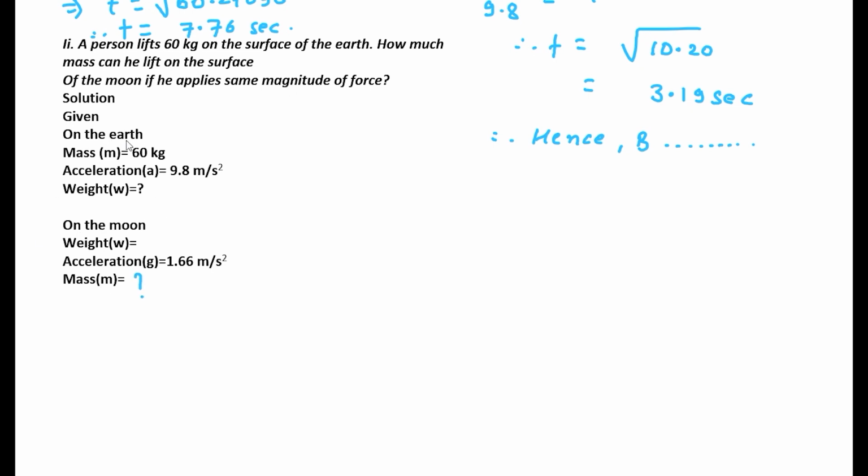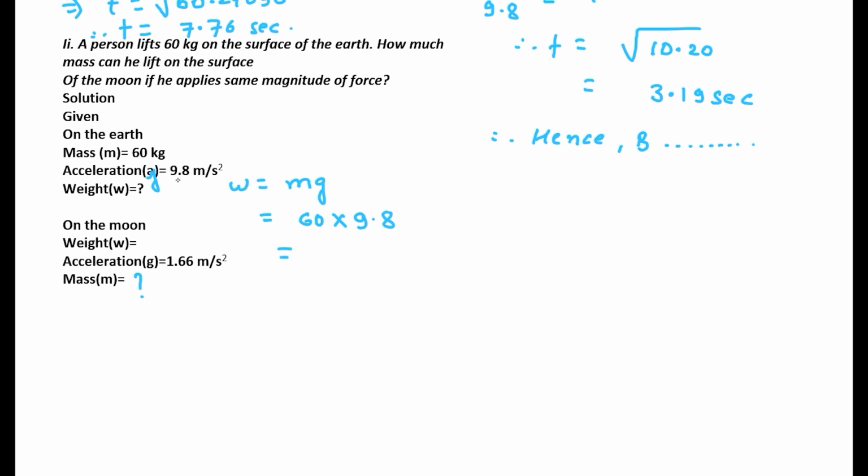So in the first case, on the earth's surface, first of all find the weight, because we have mass and acceleration. In this case weight equal to mg, where g is acceleration due to gravity. Mass is given as 60, and acceleration due to gravity is 9.8.